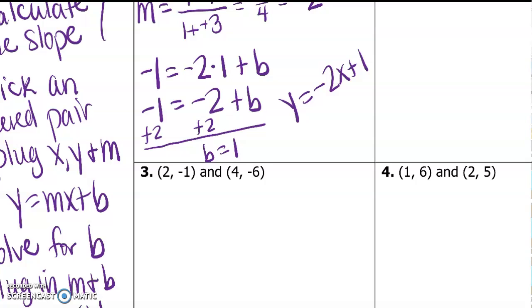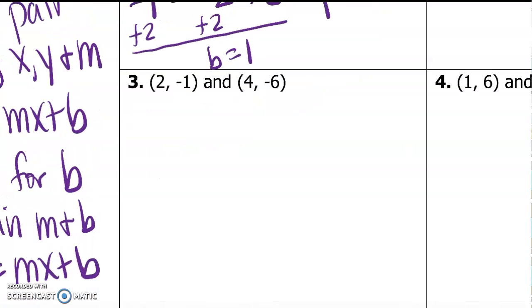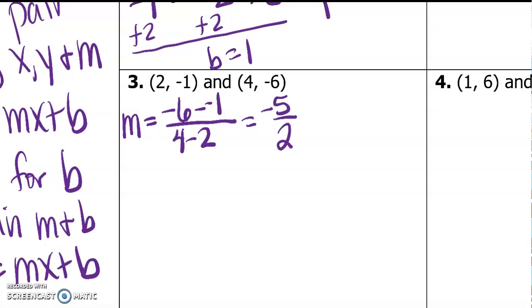All right, so let's move on to number 3. Again, step 1 is to calculate the slope. So m equals -6 minus -1 over 4 minus 2. So that would give me -5 over 2. I would pick this ordered pair because it has a little bit smaller numbers.